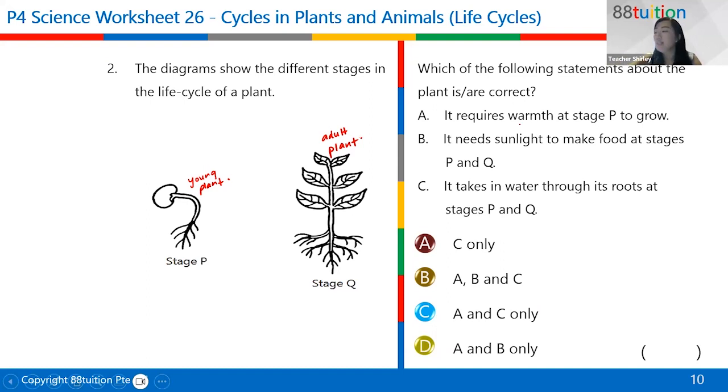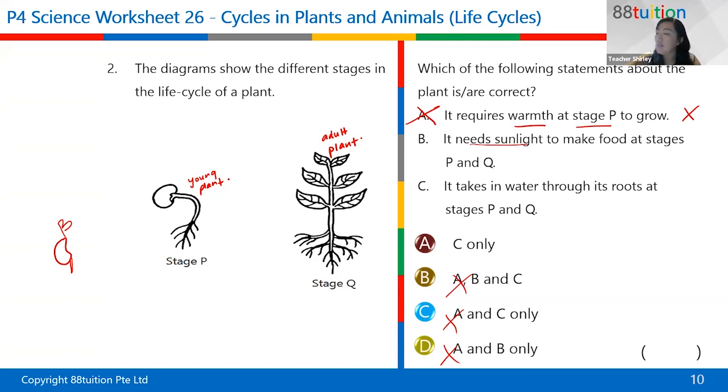Does it need warmth at the young plant stage? It actually does not need warmth, because it's no longer undergoing germination. When it germinates, when it's still a seed, then it needs warmth. But for stage P, it doesn't. So I guess you already have your answer.